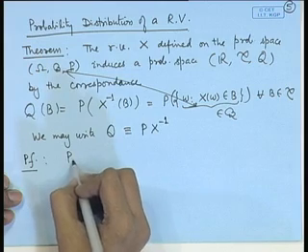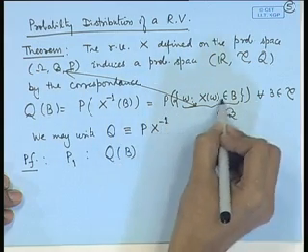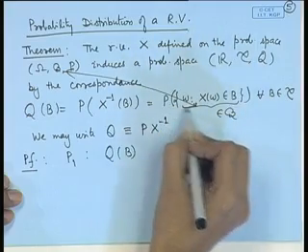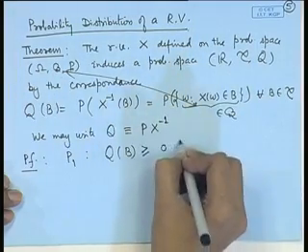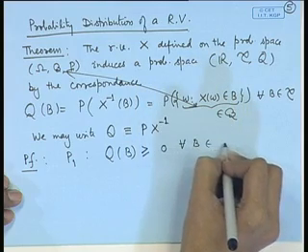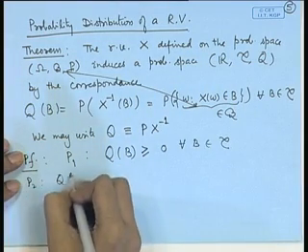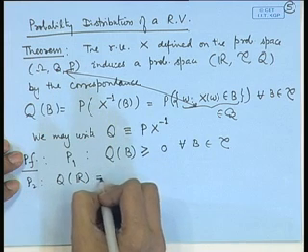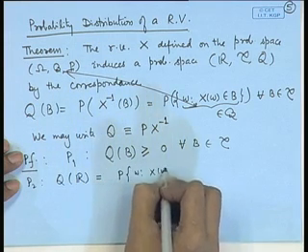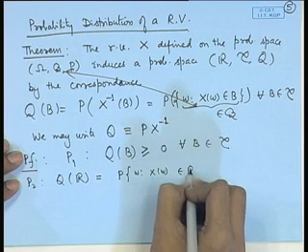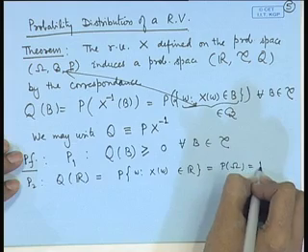Let us look at the first axiom. Q(B), since it is equal to a probability in the original probability space, is always greater than or equal to 0. If I consider Q(R), then it is equal to the probability of the random variable taking values in R. Naturally it is P(Ω), and that is equal to 1.